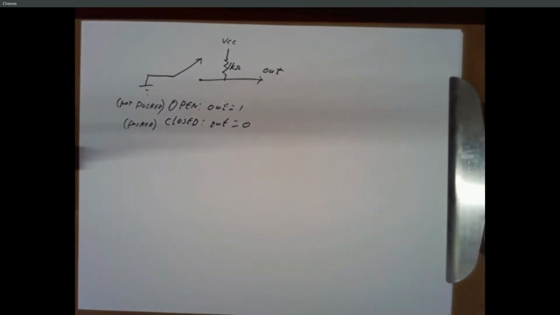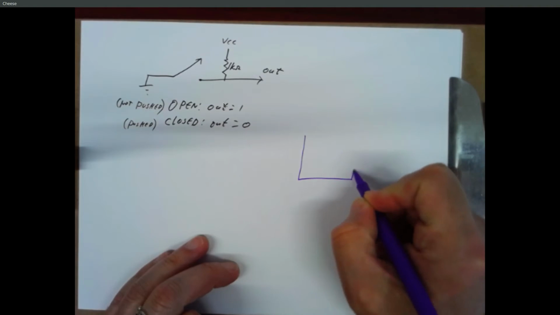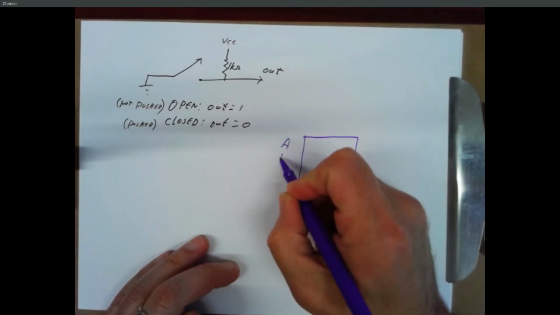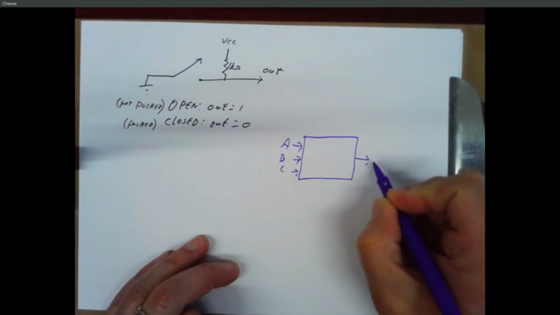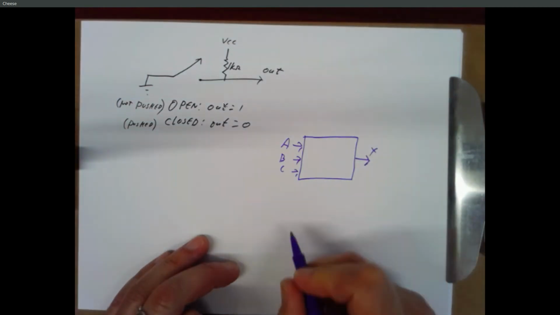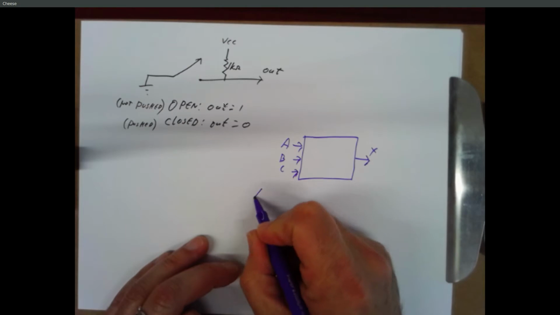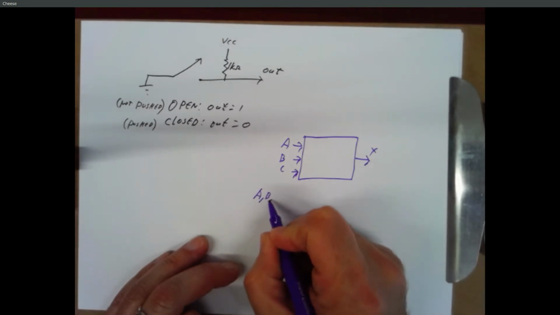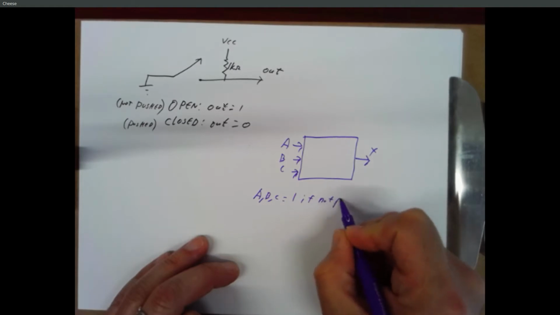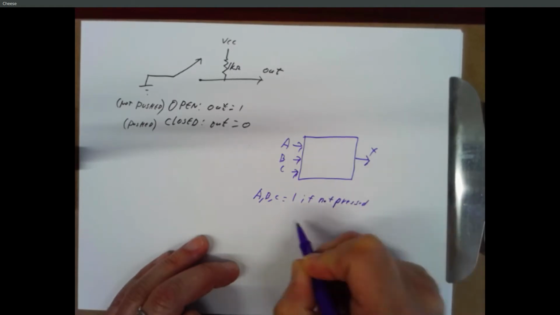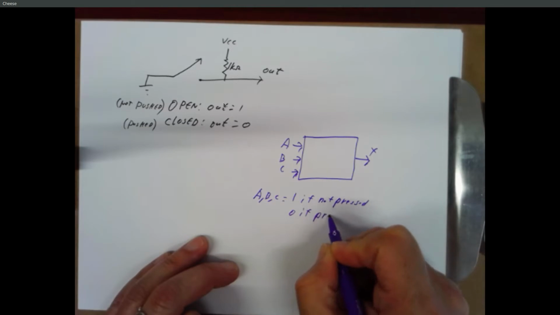So a system diagram might look like this. Here's our 3 buttons, A, B, C. And here's our output X. And I would put a note here, A, B, C equal 1 if not pressed, 0 if pressed.